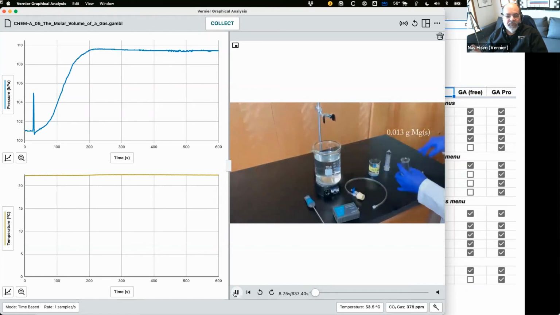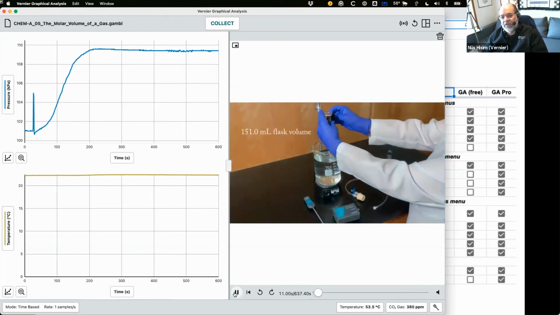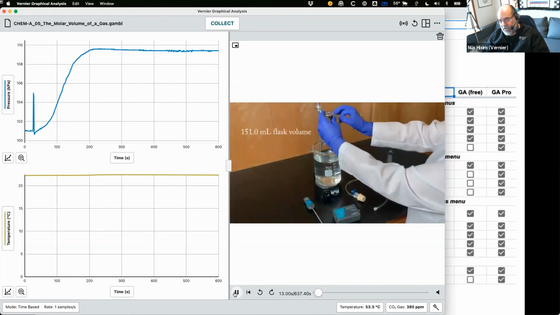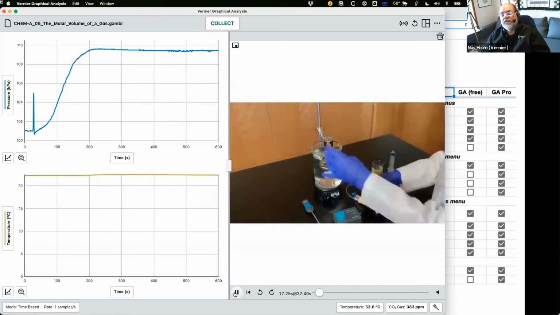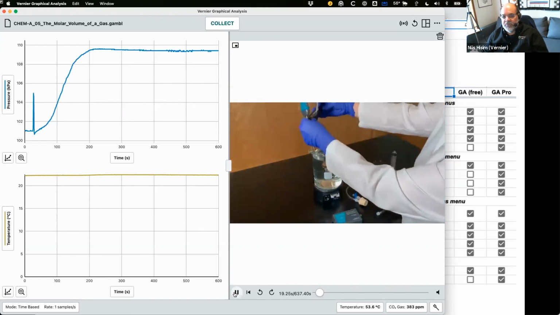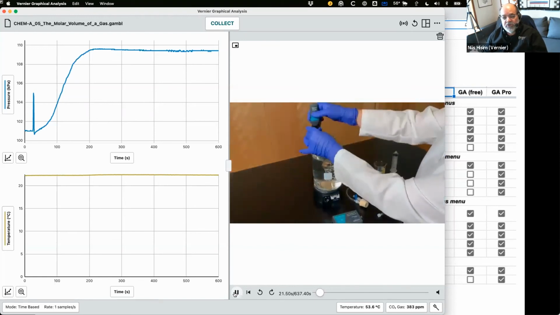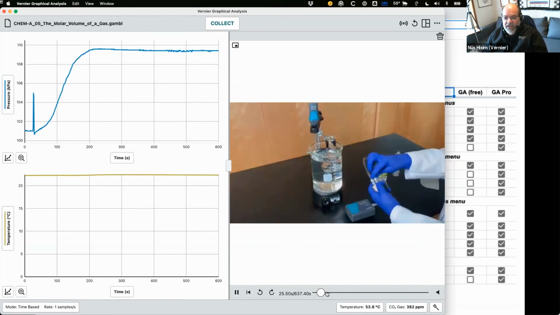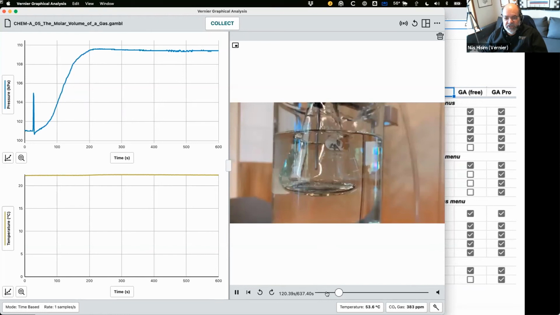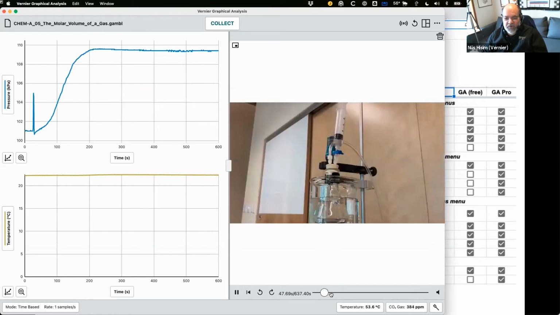If you're familiar with this experiment, you react magnesium with hydrochloric acid to produce hydrogen gas, and you measure the volume, the temperature, and the pressure, and then use a little gas law action to determine the molar volume, 22.4. But what's really cool is that at some point Melissa starts collecting data, and you do have to take note of that.